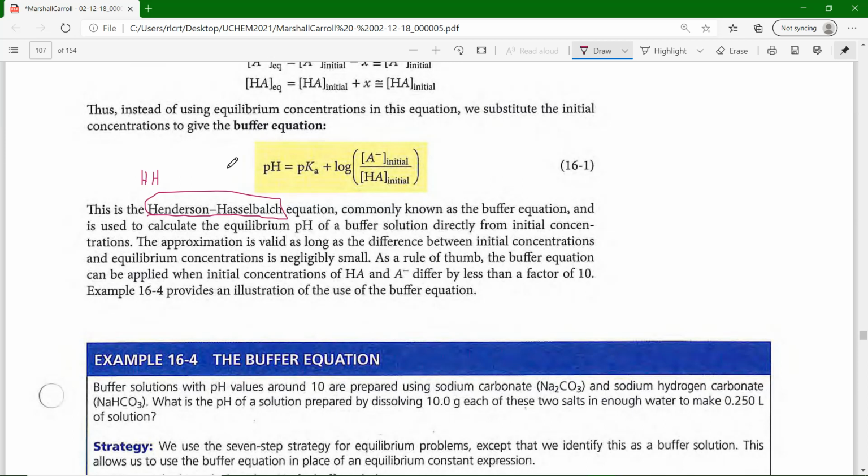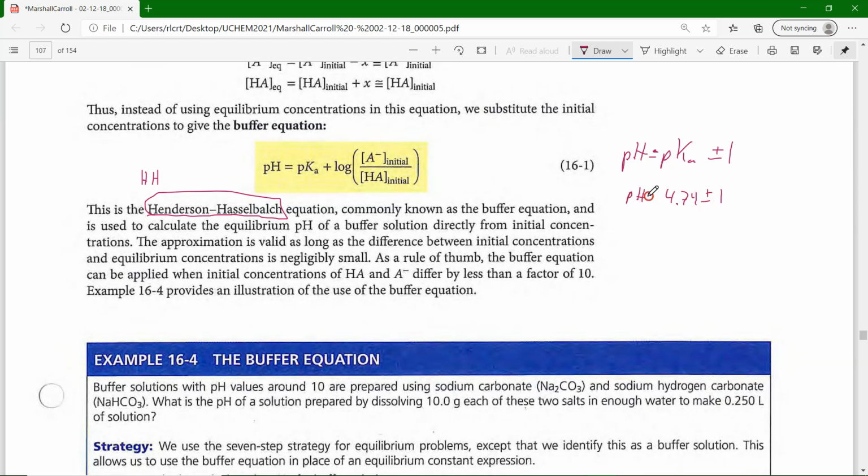Rule of thumb, this can be applied as long as the difference in factor between the concentrations is less than 10, which means that a good buffer is going to be able to maintain a plus or minus 1 pH unit difference from the pKa value. So if we were talking about acetic acid, the pKa was 4.74.